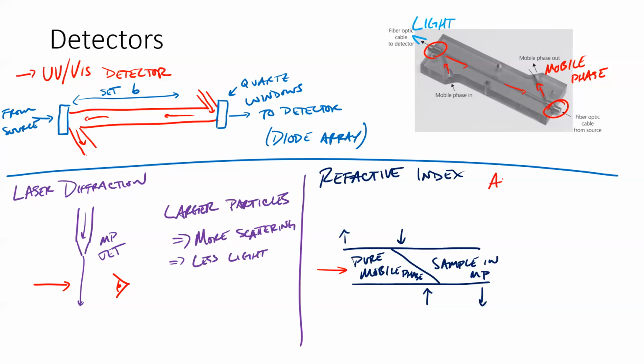And so as the sample elutes, you have different refractive indices, which changes the refraction, right? And so that changes the path of the light.